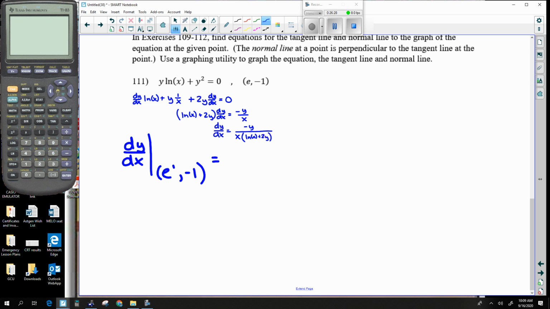And so that would be equal to positive 1 over x. ln of x is 1 plus 2y. So that is a denominator of a negative, so this is negative over e to the first power.